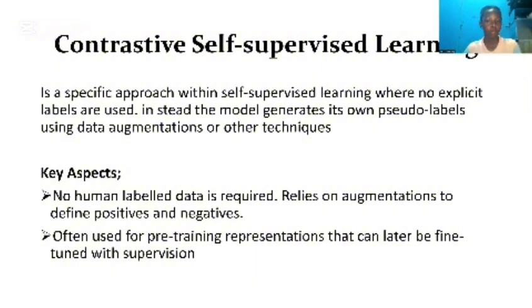It requires no labels, but rather it labels the data itself using augmentations to define the positive and negative samples of the data set. So it's often used for pre-training representations that can later be fine-tuned with supervision. So we go to the next slide.